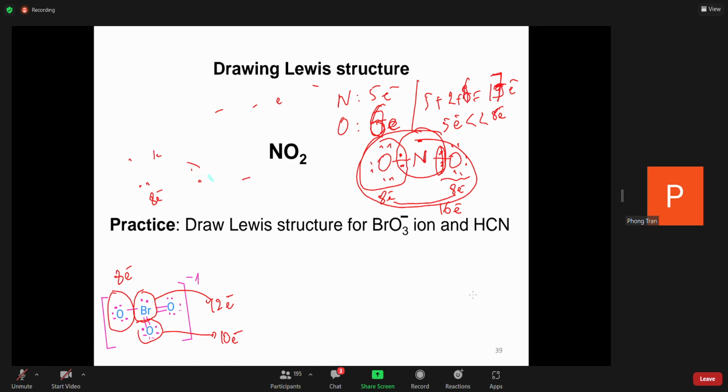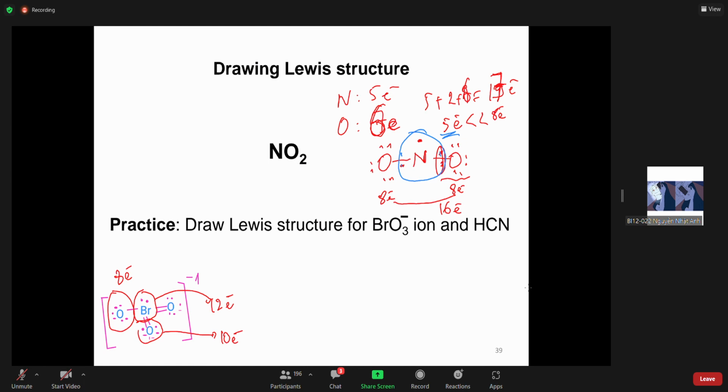Hold on one minute. You agree with me that first, in 5 steps, I try to use the single bond between oxygen and nitrogen, right? In the case I use a single bond like this, the number of electrons in the nitrogen will be 5: 2, 2, and 1.